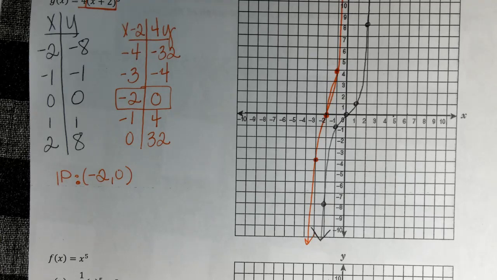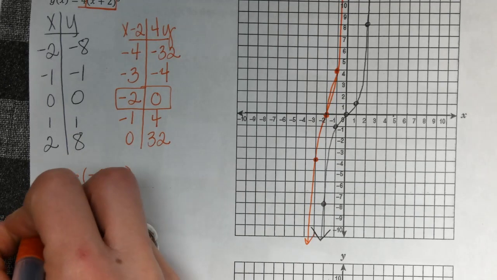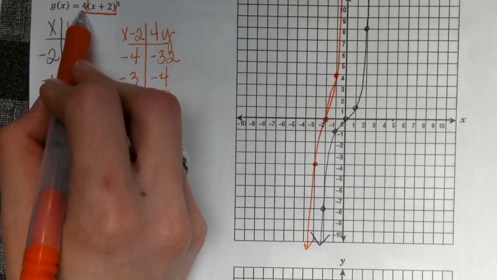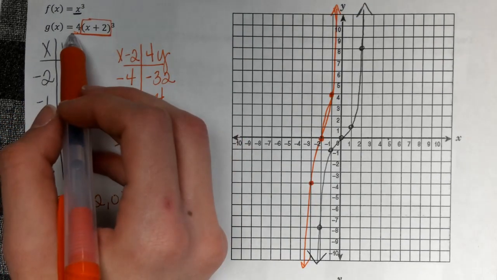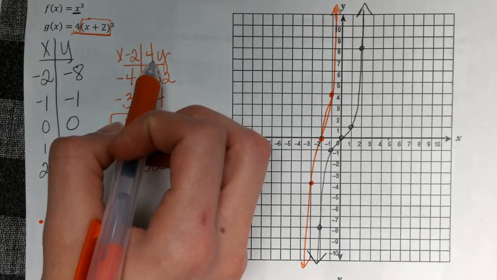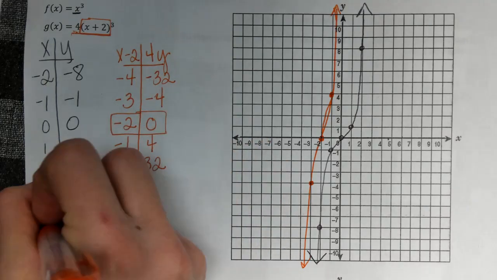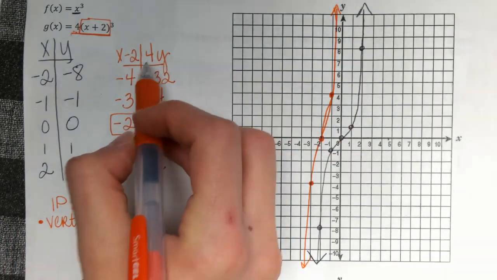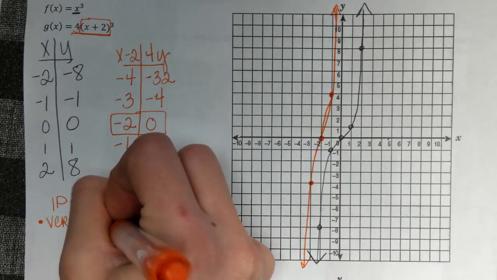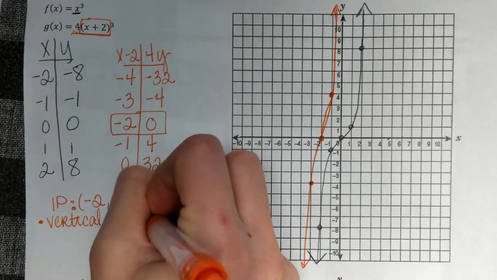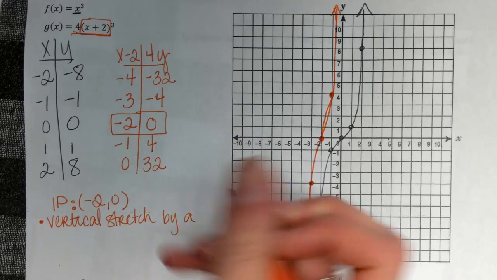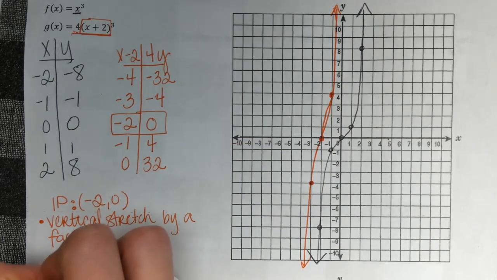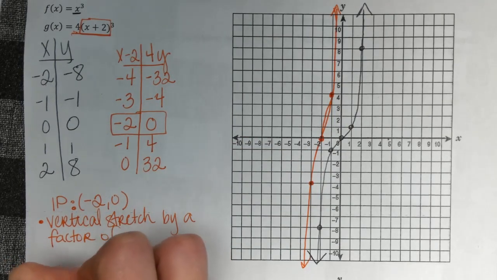All right, I had 2 transformations. The 4 told me I had a what? It happened to my y, so that's a vertical, it's a greater than 1, so it's a vertical stretch by a factor of 4.